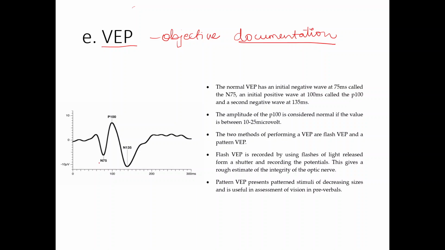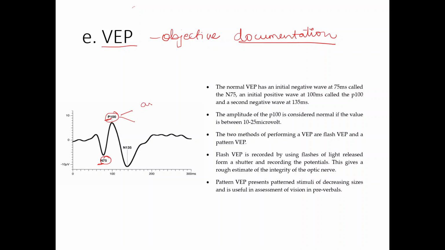Whatever is negative, the name of the wave starts with N, and whatever is positive, the name of the wave starts with P. The negative wave is present at 75 milliseconds and we call it N75, whereas the first positive wave is present at 100 milliseconds and we call it P100. So we are all worried about this P100.